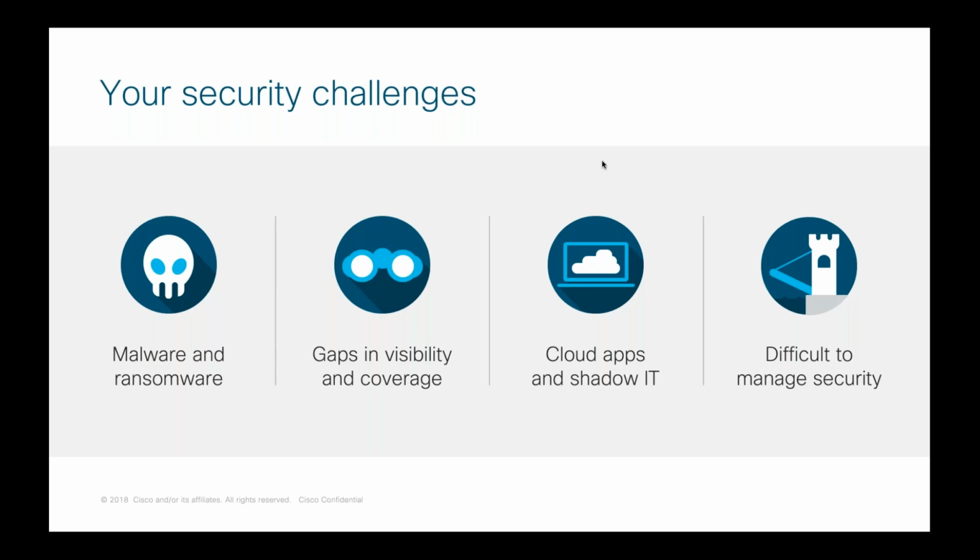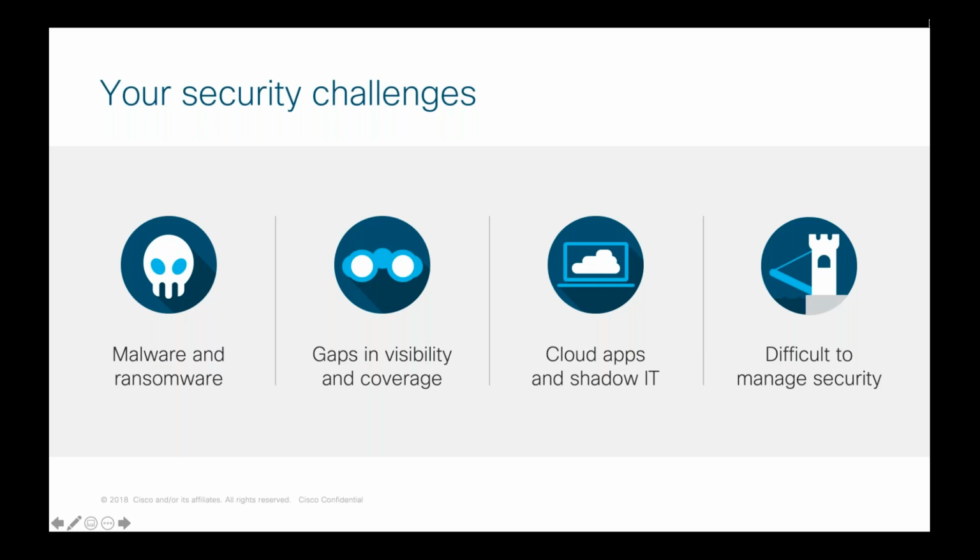We may not even have visibility into it, and we'll talk about some of the things that Umbrella opens up as we enable it for a network. It gives you great visibility. And one of the things in terms of visibility is because we're moving to this hybrid world where a lot of apps are hosted on the internet, it creates this shadow IT, whether you're familiar with that term or not, it creates this gap in visibility of what applications people are utilizing within your environment.